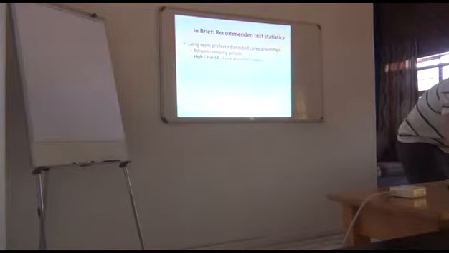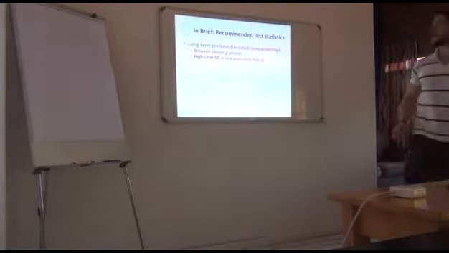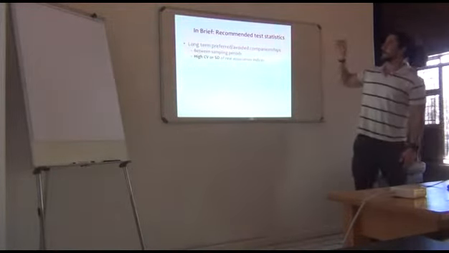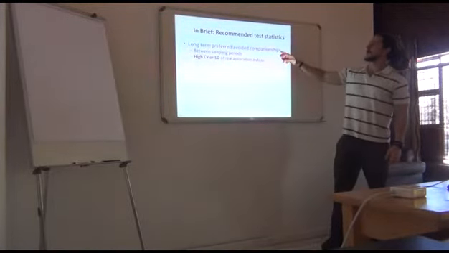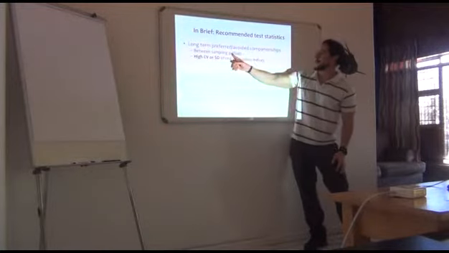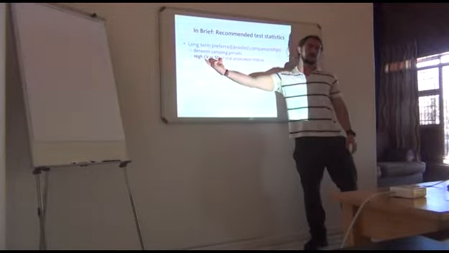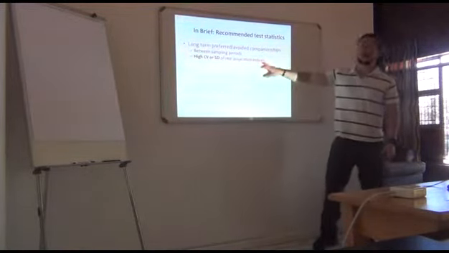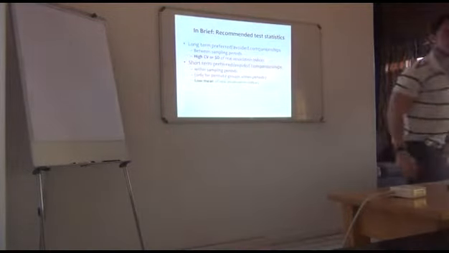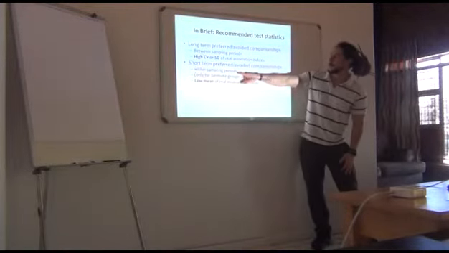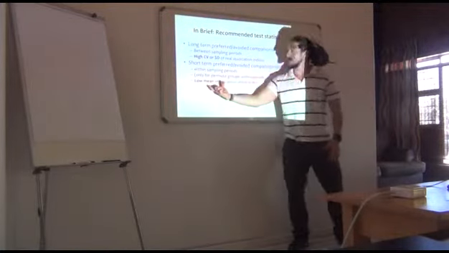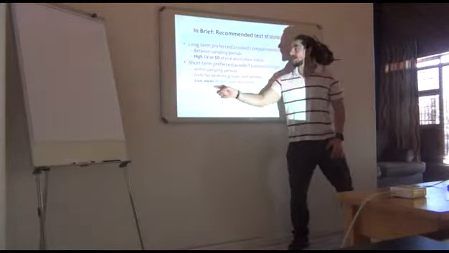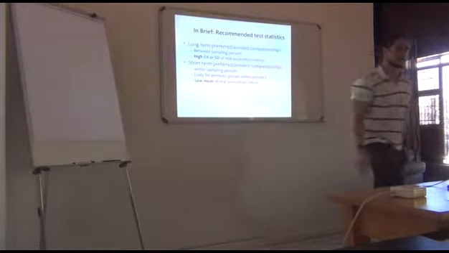And to summarize some recommendations. If you want to look at long-term preferred or avoided companionships, you look between sampling periods, and we look at the CV or SD of the real association index. If you want short-term, you look within sampling periods, and we look for low mean values of the real association index.